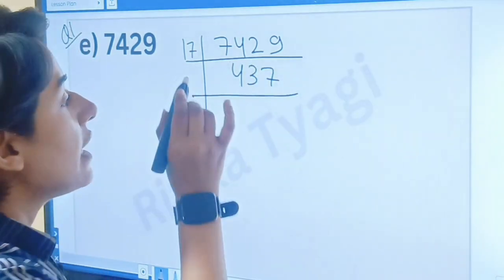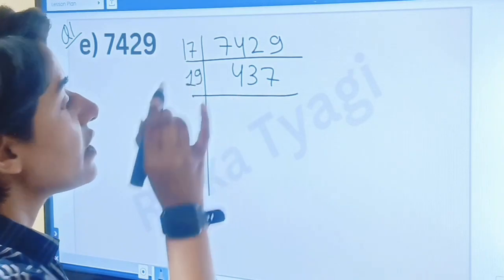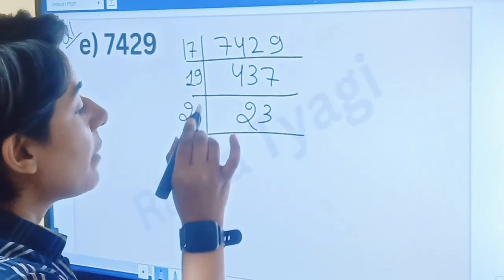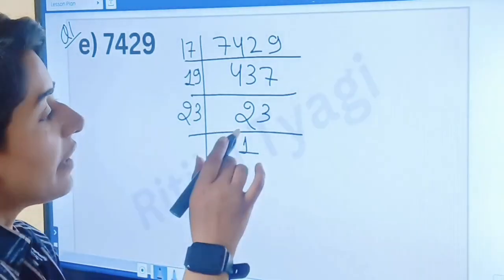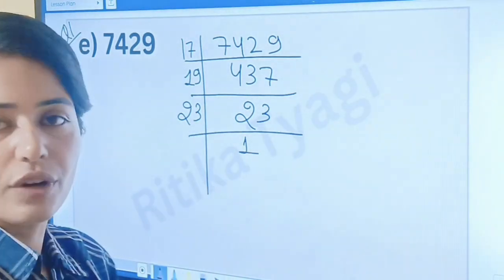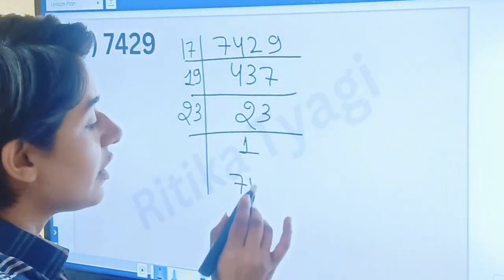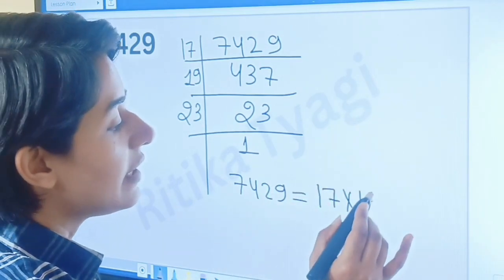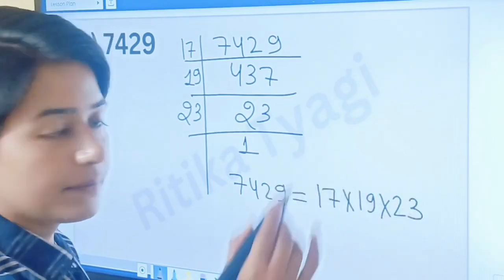And 437 is also an odd number which is divisible by 19 and we get 23, and 23 is a prime number. So we divide 23 by 23, we get 1. So the factors of 7429 are 17 multiply 19 multiply 23.